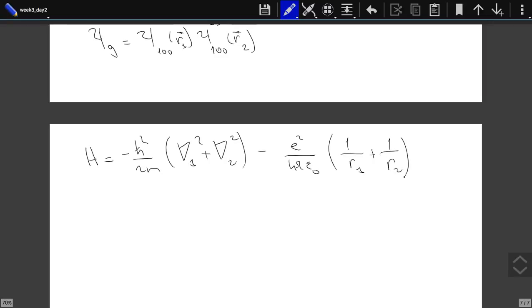Before, we put a 2 over here. This time we will put a Z. But of course, in the real helium atom, that is a 2, not just Z. So we have to add plus (Z minus 2) e squared over 4 pi epsilon 0, 1 over r1 plus 1 over r2. Now, for the Hamiltonian of the helium atom, that's fixed.